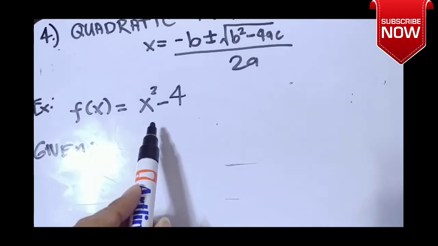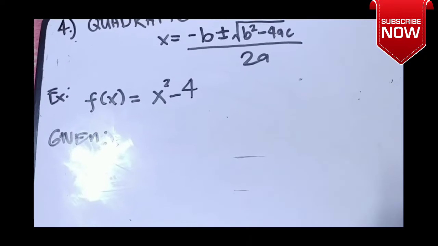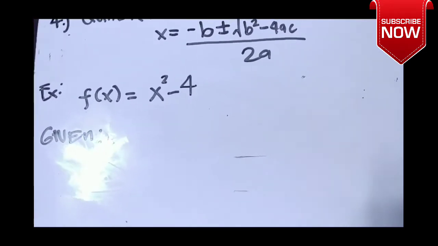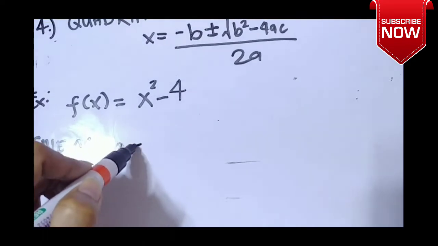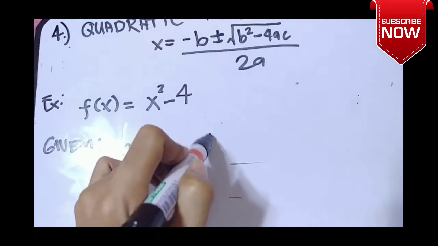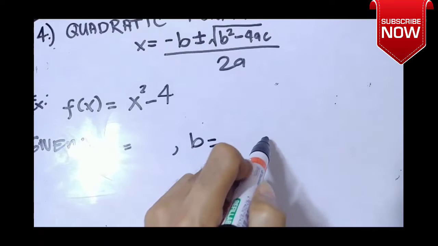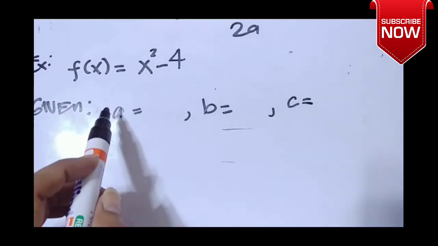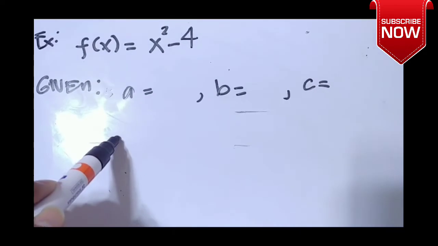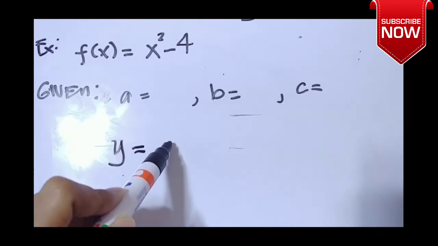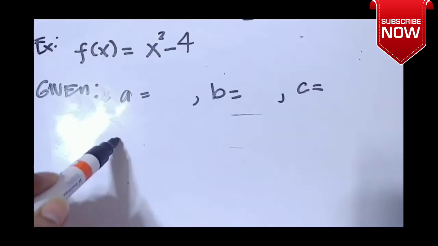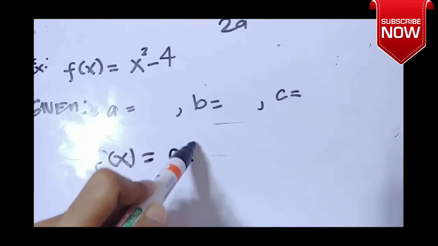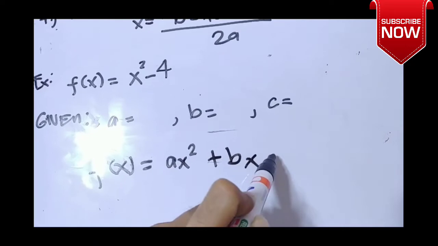So from this equation, ang una nating gagawin ay i-identify yung mga values ng mga variables. Sinabi ko kanina, yan yung A, B, and C. Ang A, B, C na to ay galing yan sa y equals or f of x equals ax squared plus bx plus c.